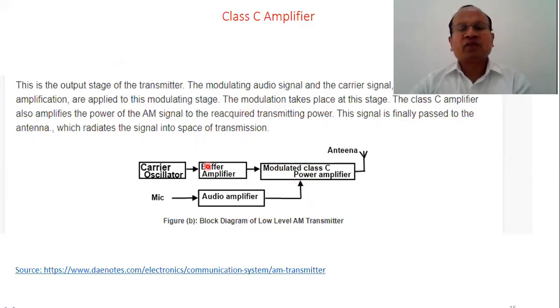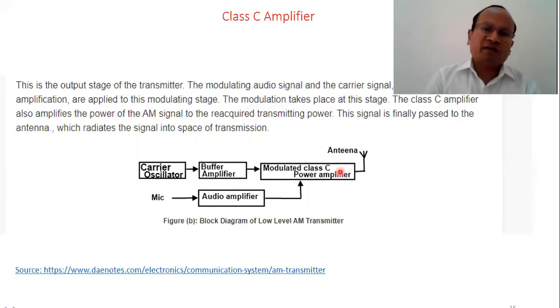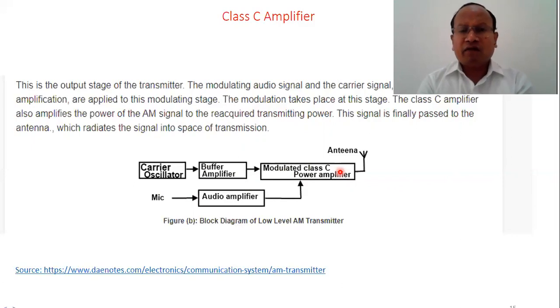When you compare different power amplifiers, class A, class B, class C, the class C amplifier performs at an optimal level in terms of power conversion.